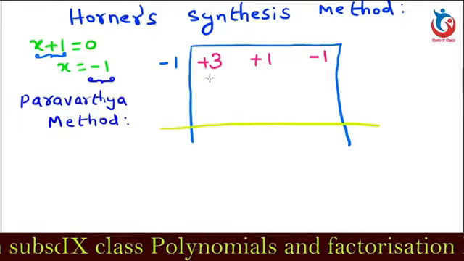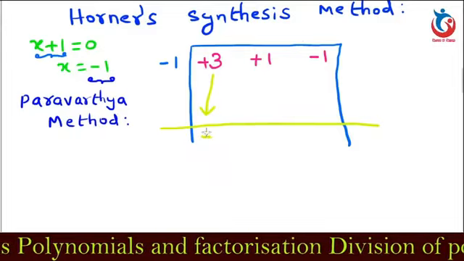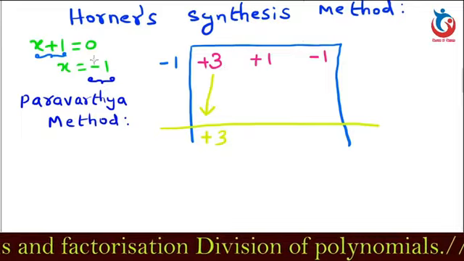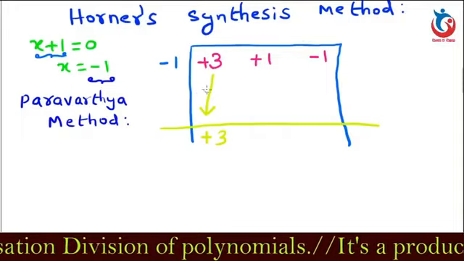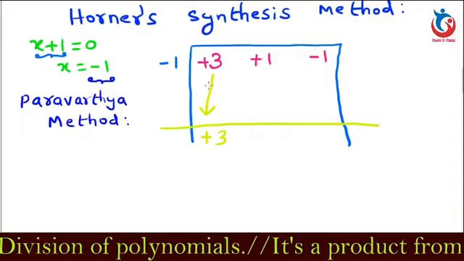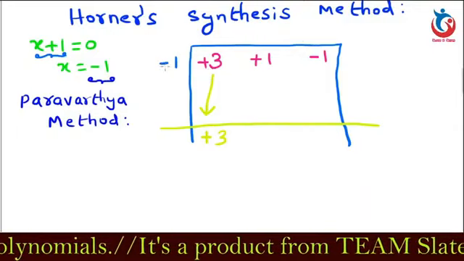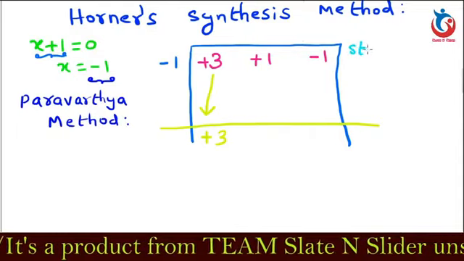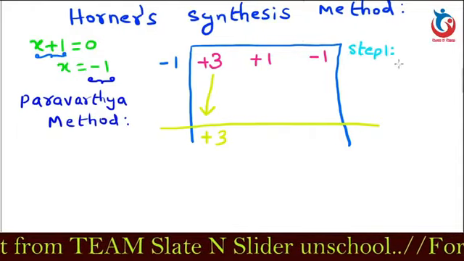For the first term, we should take it down as it is every time. Whenever you are using this method, you have to take the first term as it is. If it is minus 3, then take minus; if it is plus 3, then take plus 3. In the first step, what we have to do is multiply these two. First I will write step 1. There is no need to write it, but for your understanding I am writing.